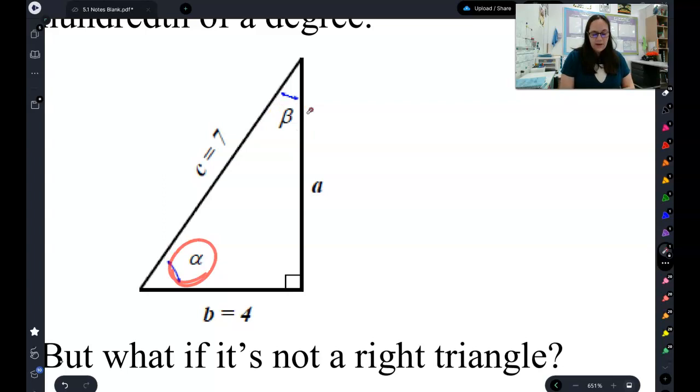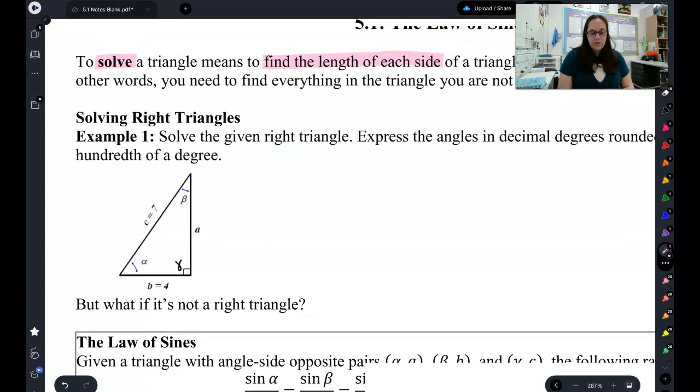This is alpha, beta, and then we also normally use gamma. Those are the three most common Greek letters we use when we talk about angles. Alpha, beta, gamma.